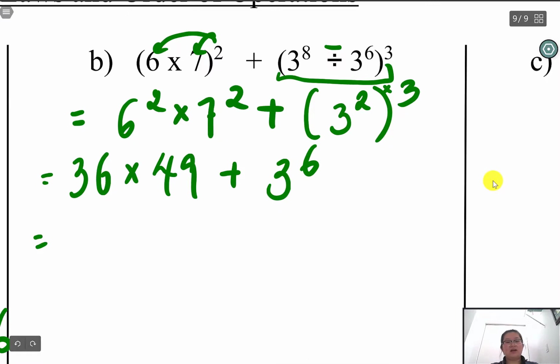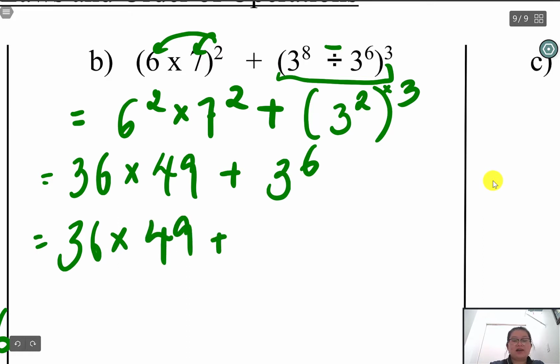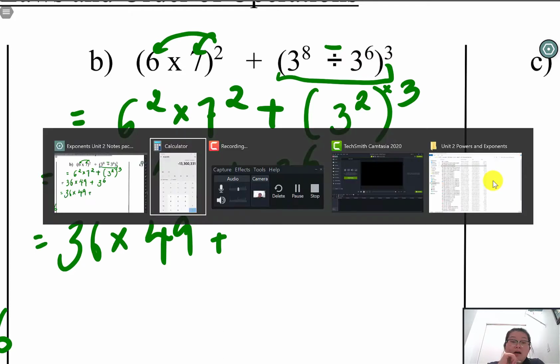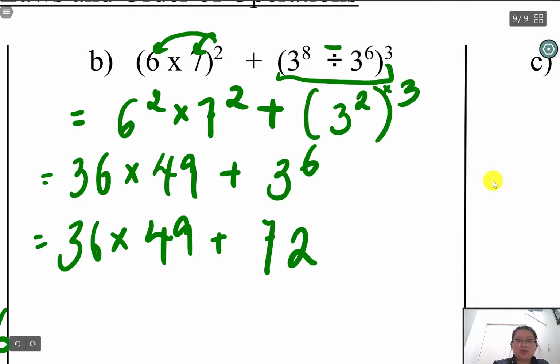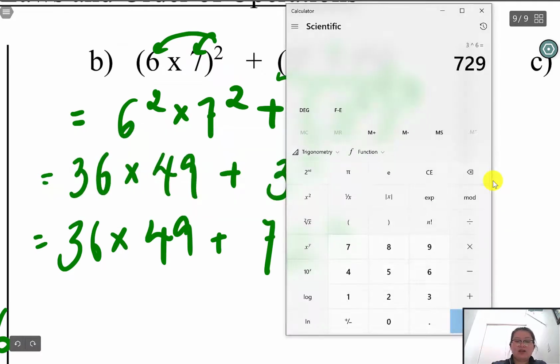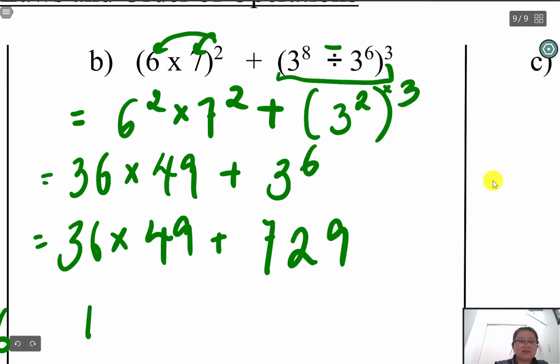Okay, so let's do the math properly. 3 to the power 6 is going to give me, that's actually pretty big, 729. So after I take 36 times 49, I get 1764.